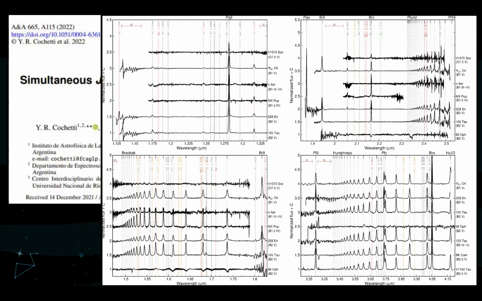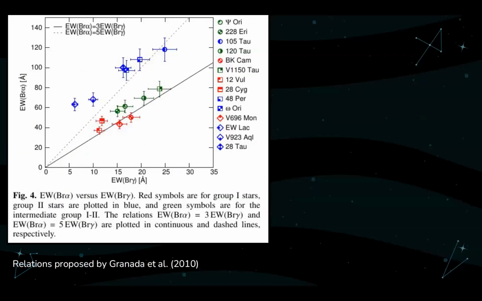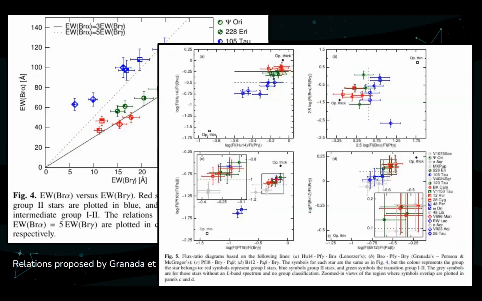Brackett is for level 4, so it's 5 to 4. So they are all hydrogen lines. Yes, everything is hydrogen, but it is named by series: Lyman, Balmer, Paschen, Brackett, Pfund, and Humphreys. Okay, thank you. I was a bit lost with the names.